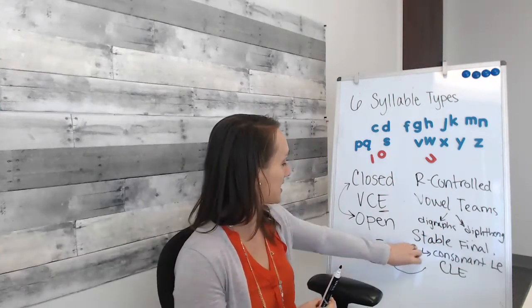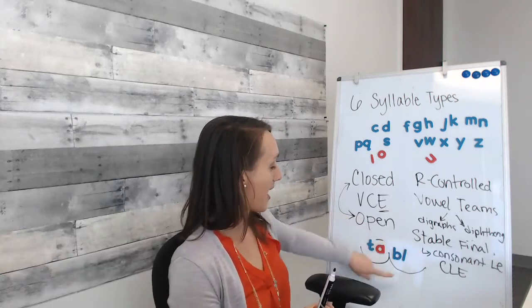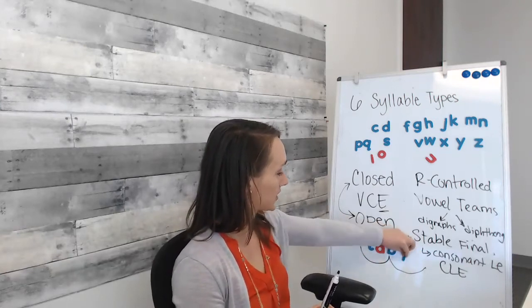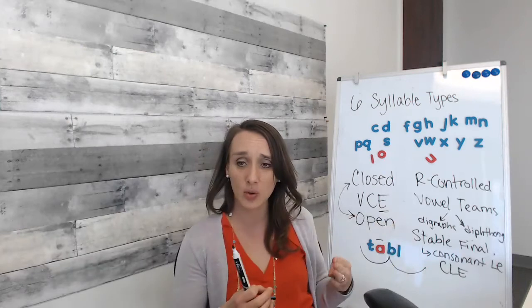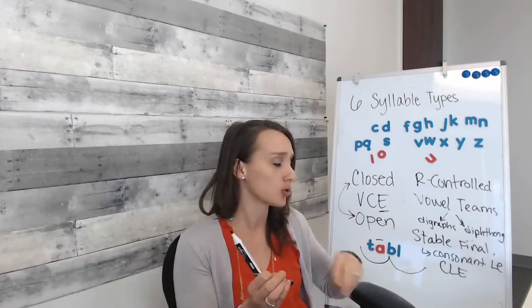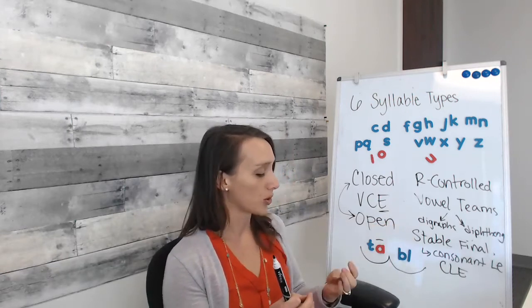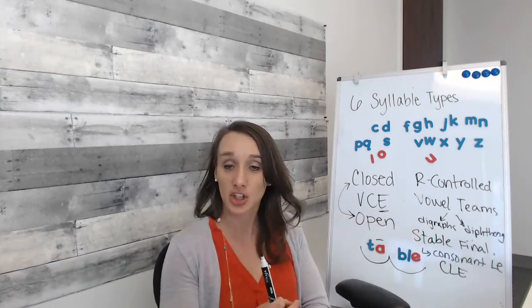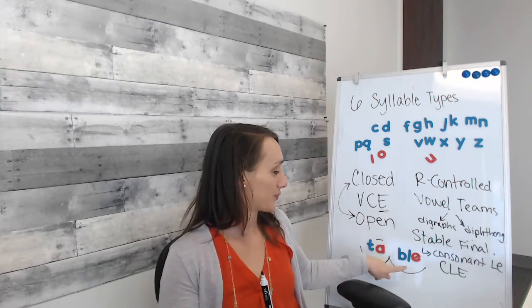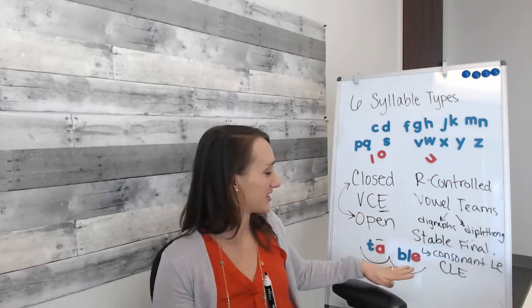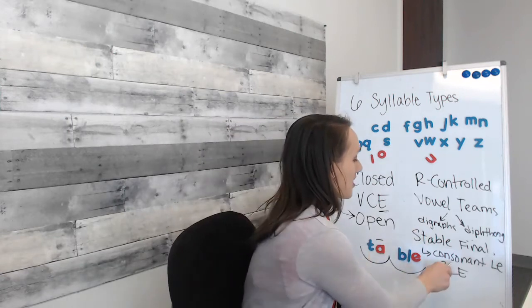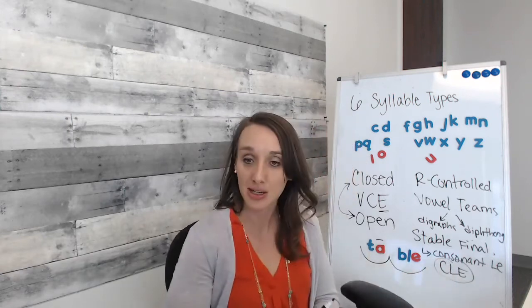If we didn't have an E, this would say tab-l, because it would be a closed syllable. And so in order to get table, two syllables, we need to be able to spread those apart, which means that we need an E to go ahead and support that as a syllable. And so this is one of the types of stable syllables that can be so common.